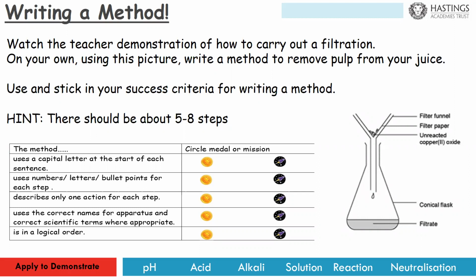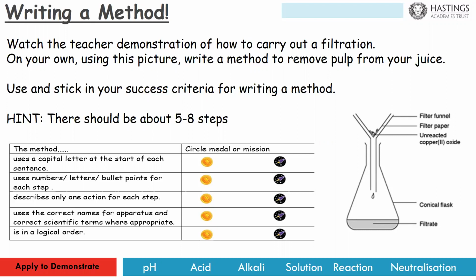So fold in half and in half again. Step number three, open filter paper into a cone shape. Step number four, place filter paper into funnel. Step number five, place funnel in conical flask.